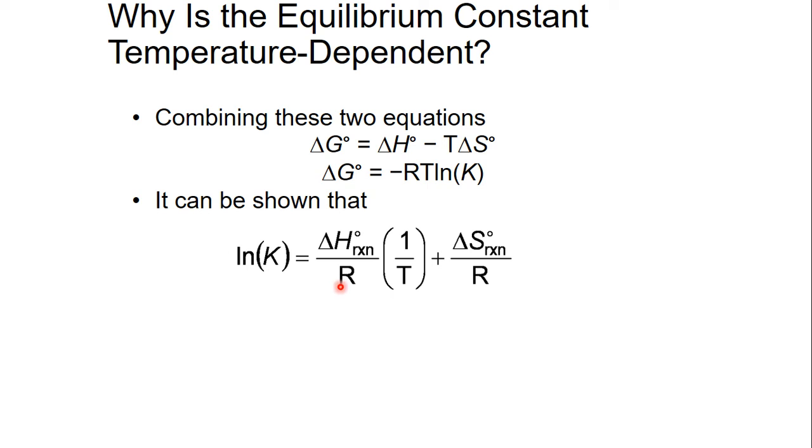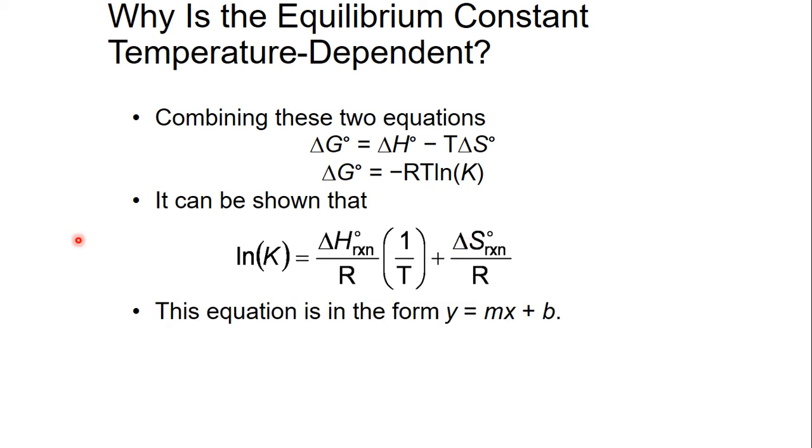Now here is just a bunch of math that we did to get to this state. You don't really have to worry about how we got here. Just realize we did some math manipulation to say that, when you combine these two equations, you see that the natural log of K equals your change in enthalpy divided by your gas constant, multiplied by 1 over T, plus your change in entropy, or chaos, divided by your gas constant.